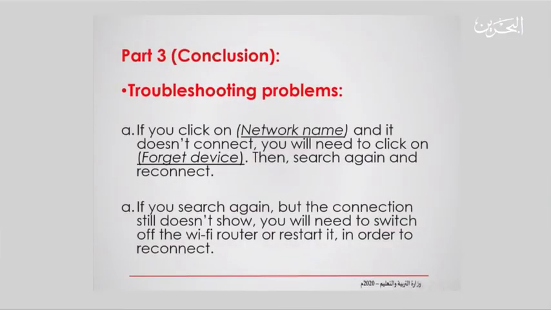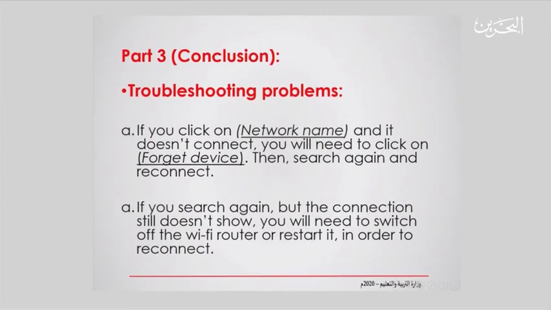For example, what are the problems that could come up when I connect a device to a Wi-Fi network? If you click on a network name, any network, and it doesn't connect, here I have to give a solution. You will need to click on forget device, then search again and reconnect. This is one problem along with the solution.